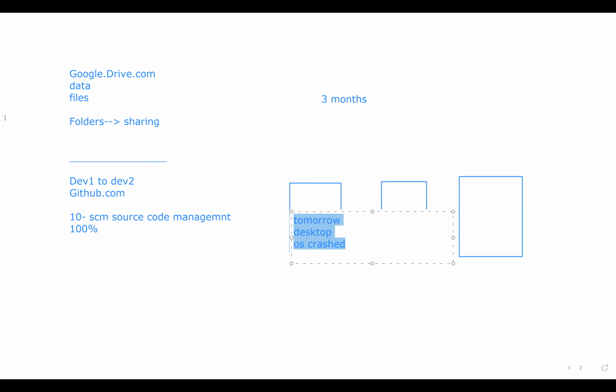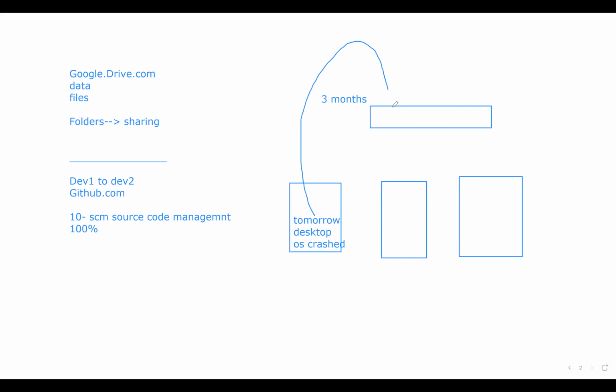He can't deliver the code on time. He can't deliver the code to the production server. Imagine this is the production server. After development is done, he needs to deploy this code to the prod server.